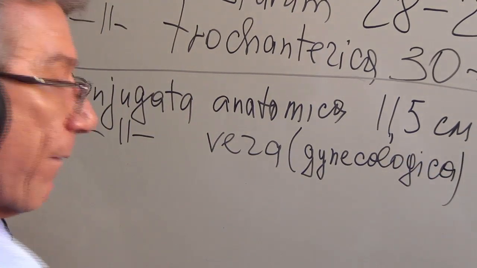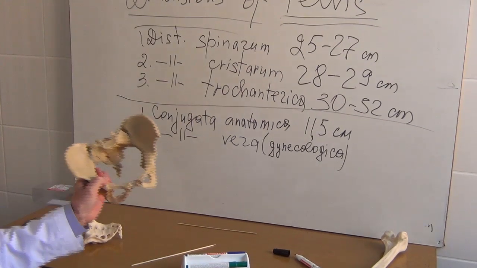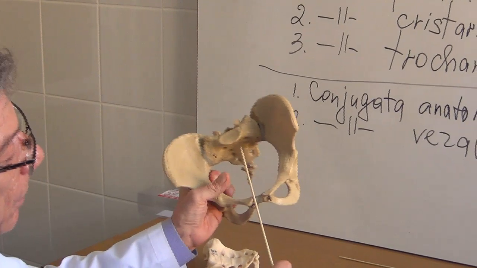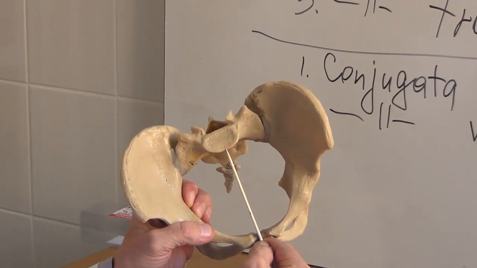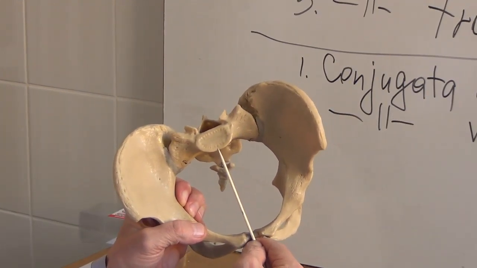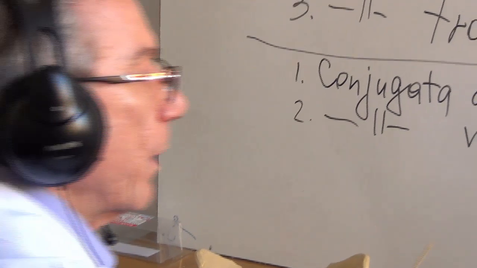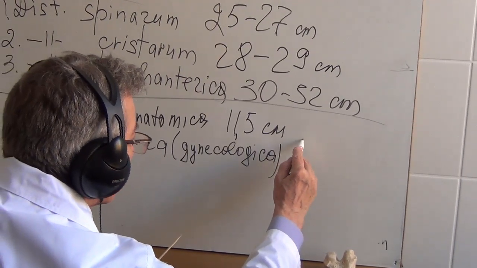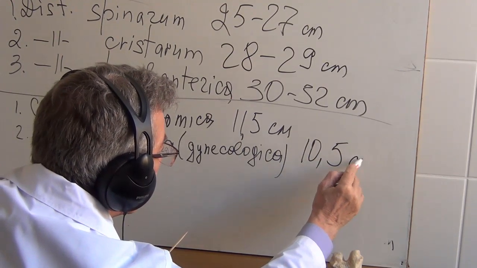Why this term? Vera, true conjugate, because the fetus head should pass through this most narrow part of the pelvis through the process of delivery. So if this dimension is less than norm, it is not a good prognosis for the delivery. It is 10.5 centimeters.